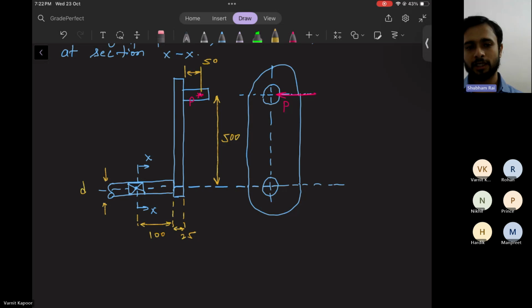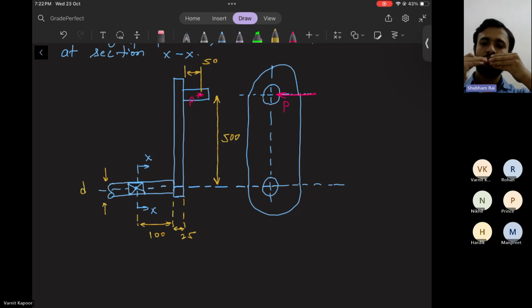So what it will do at this cross-section XX. Due to this force in this shaft, whose diameter is d, there will be twisting of the shaft. And then due to this force, there will be bending also, because the force is acting in this direction.